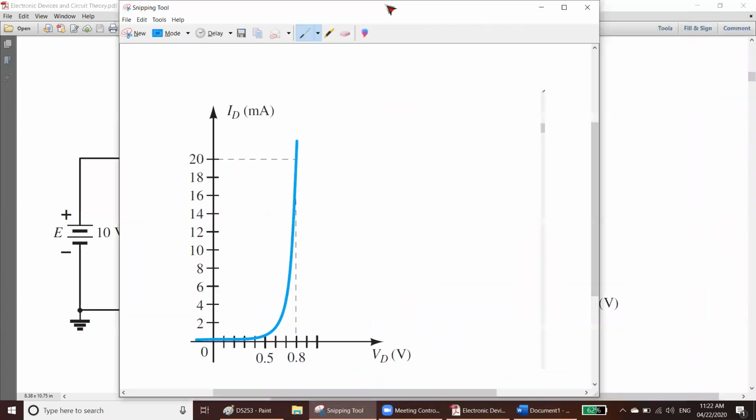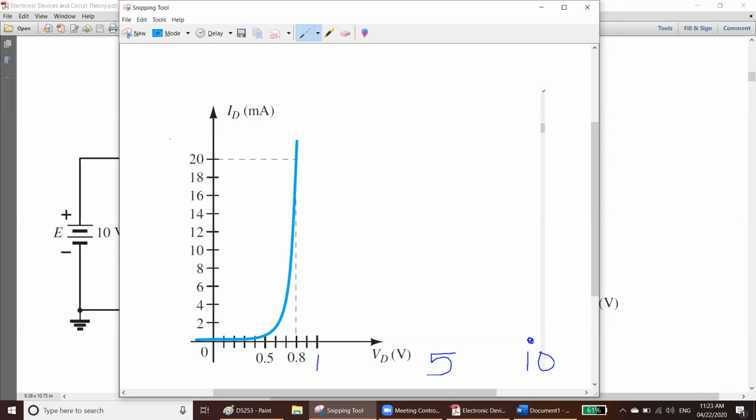Now see this one. Your VD was 10, right? Let's say your 10 is here, and this is your 10 point. Because this is 0.5, this is 0.8, 1 will be here. At the middle you have your 5. Let's say this is your 10.